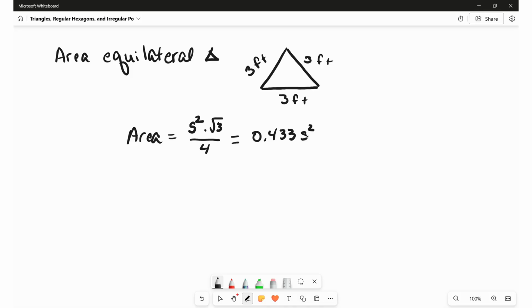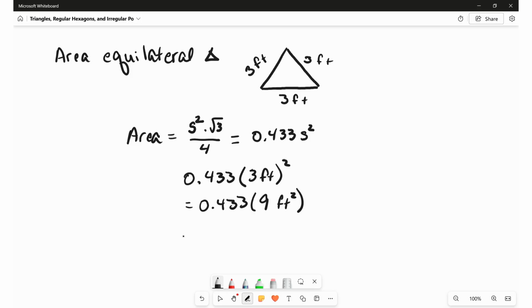So for our example here, we would have 0.433 times 3 feet squared, which gives us 0.433 times 9 feet squared.